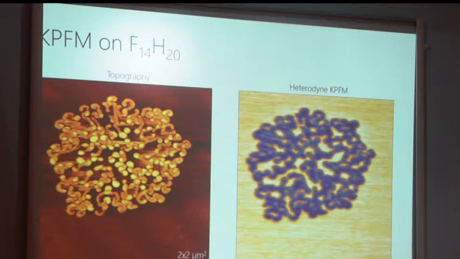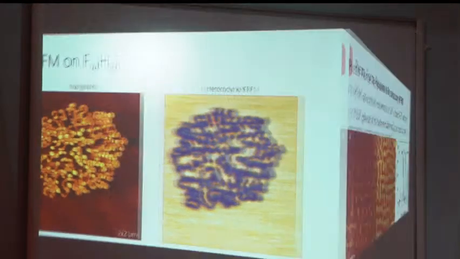Of course, KPFM can be done with amplitude modulation and frequency modulation, and I'm not going to go into too much detail, but this is the standard topography, and this is the work function or surface potential of this sample, and from here you can measure the work function. The work function is nothing but how much energy is required to get the outermost electron out.